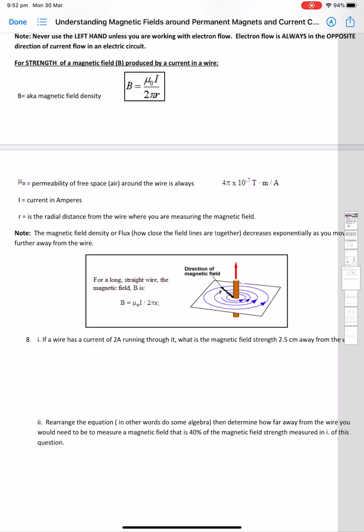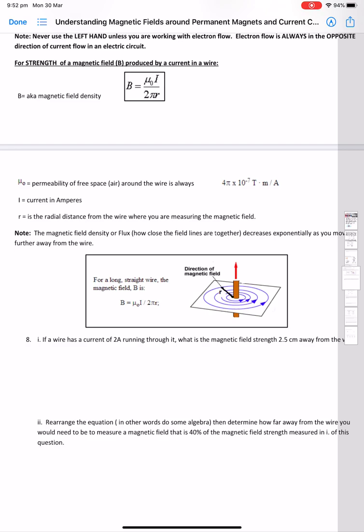Now, if you remember, your electrical constant, epsilon naught, was telling you how easily an electric field passed through the air. Well, mu naught is the same, but it's telling you how easily a magnetic field goes through the air or through a vacuum in space. And realize that this magnetic constant will change depending on the substance that the magnetic field is passing through.